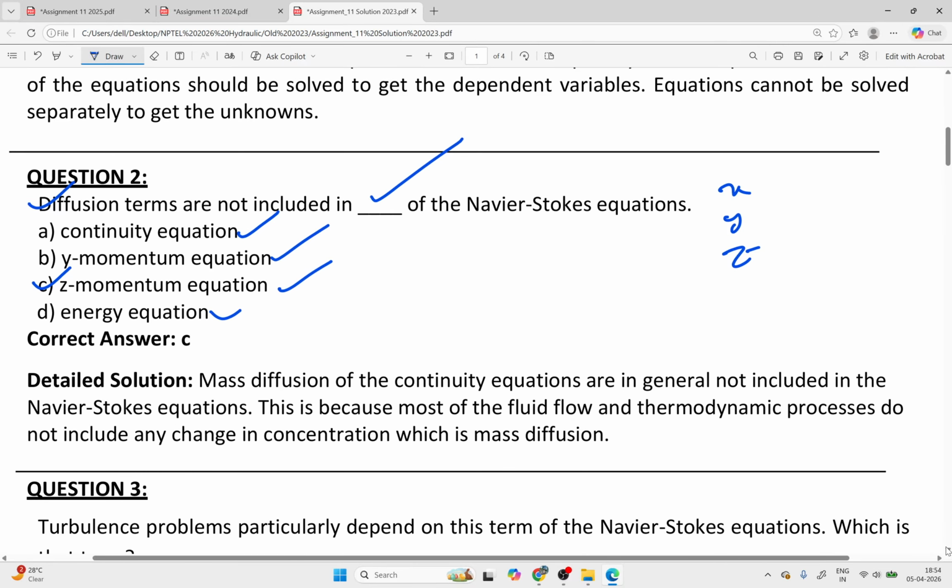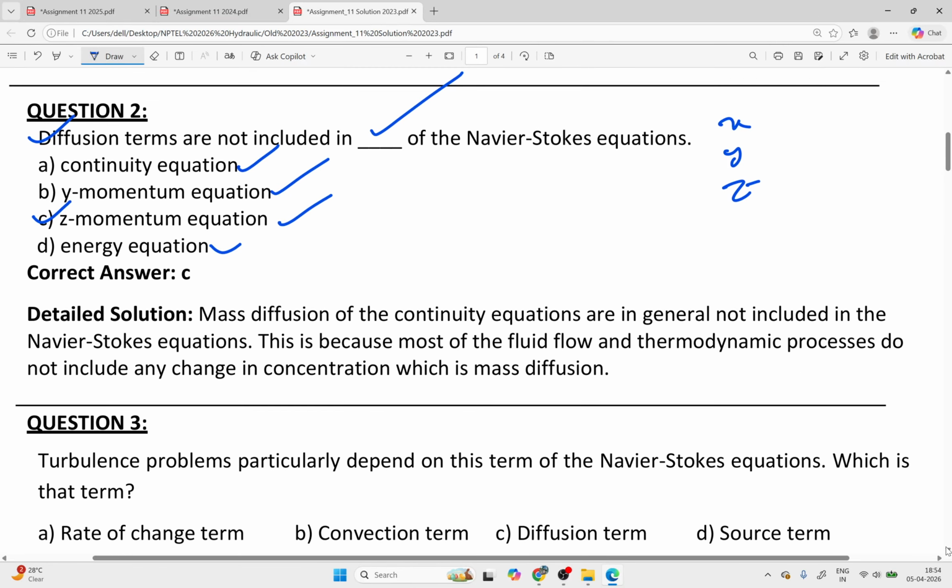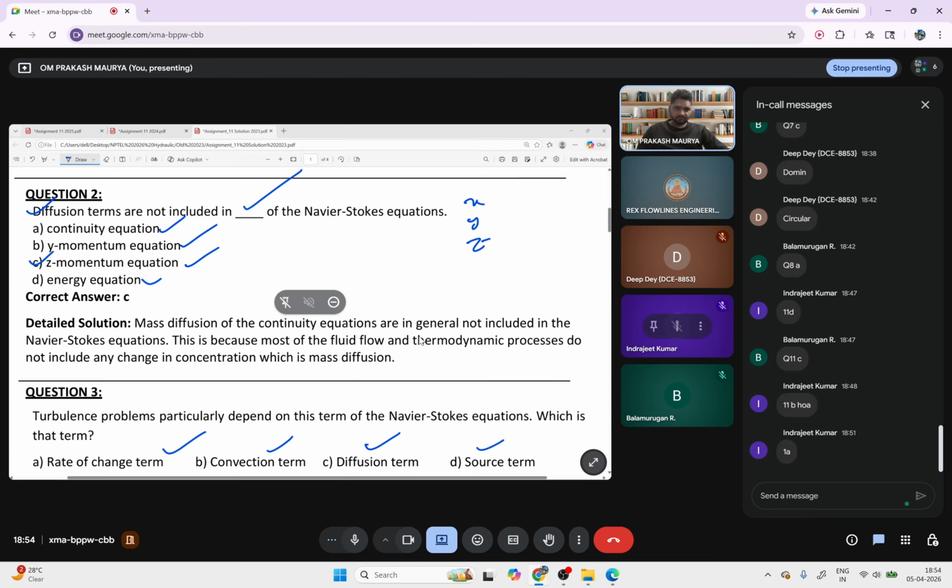Next, question number 3. Turbulence problems particularly depend on which term of the Navier-Stokes equation: rate of change, convection, diffusion, or source? Okay, you are telling the convection.